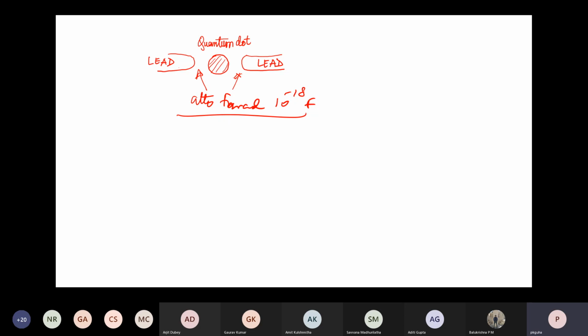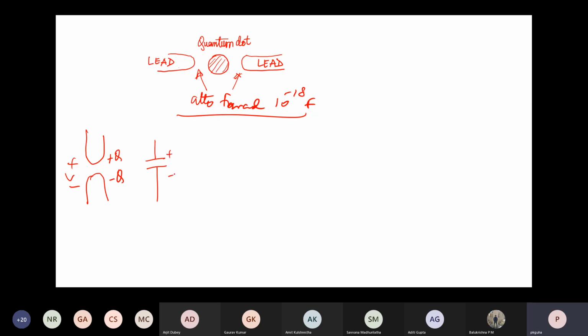Let's start from our basic observations, in a simple capacitor. I have two conductors separated by a dielectric. This is a capacitor, right?